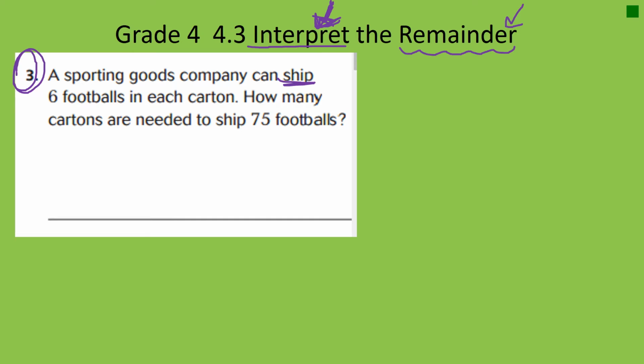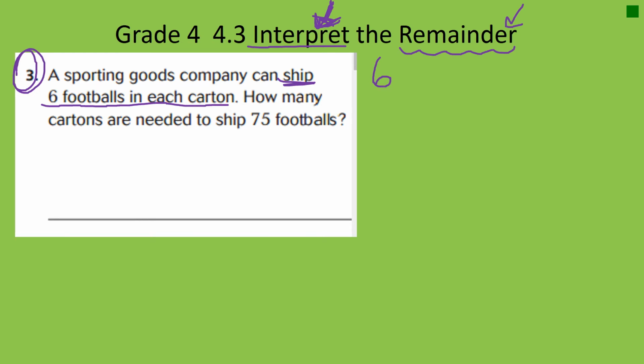They're sending 6 footballs in each carton. All right. I got that. You guys feeling that? 6 footballs in each carton. How many cartons are needed to ship 75 footballs? So, you know what I'm thinking back to is that first lesson with multiples to help us.